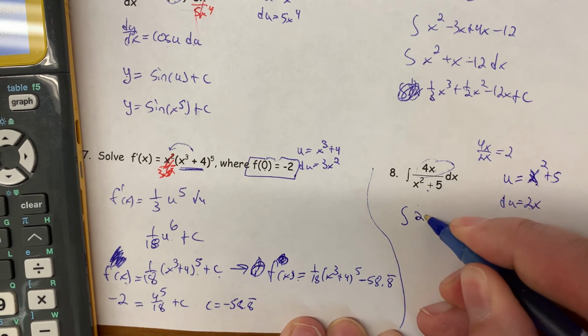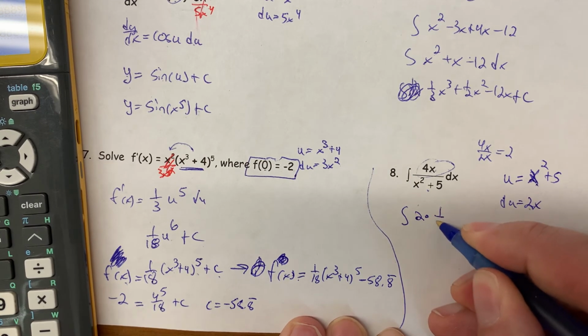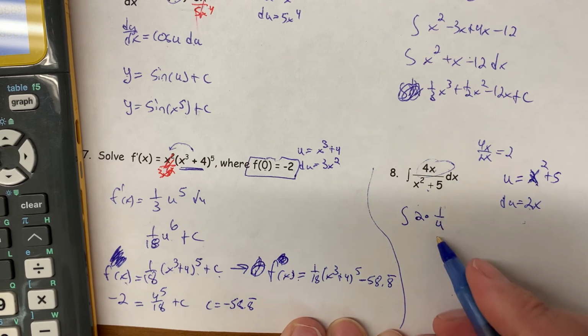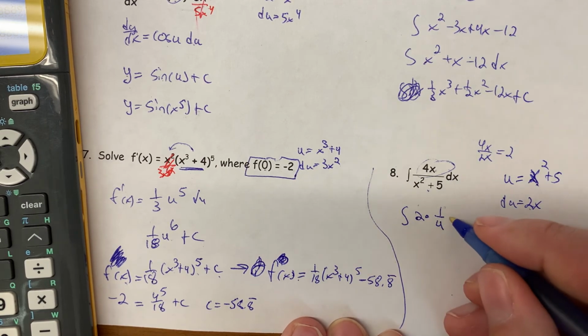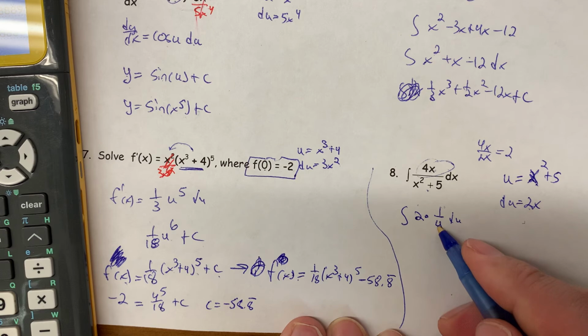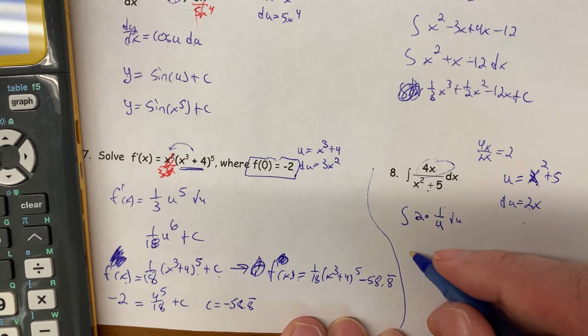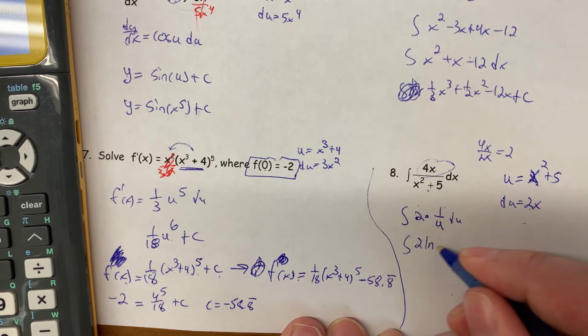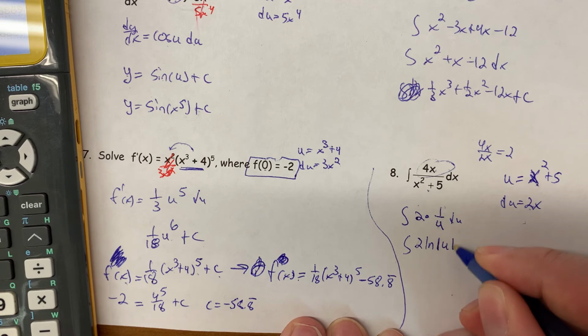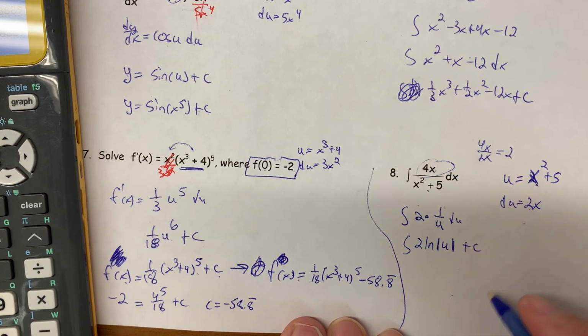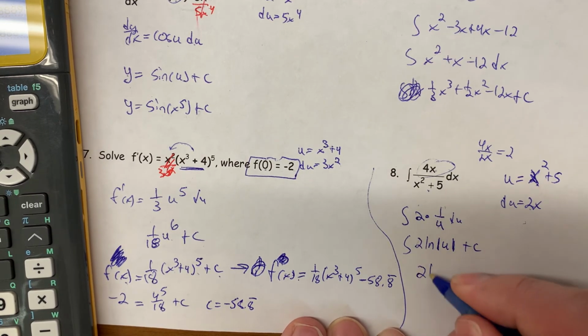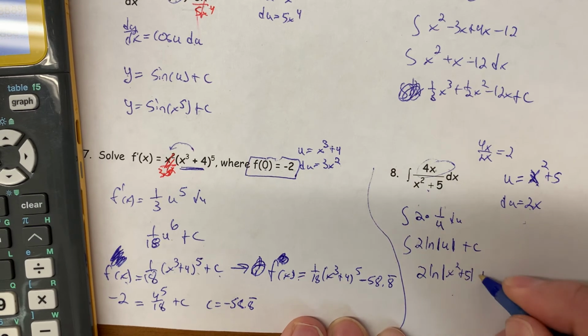So it's 2 times 1 over u, or we could have put 2 over u. Now how do we do this integral? 1 over u is the natural log, so it's going to be 2 natural log of the absolute value of u plus c. So 2 natural log absolute value of x squared plus 5 plus c.